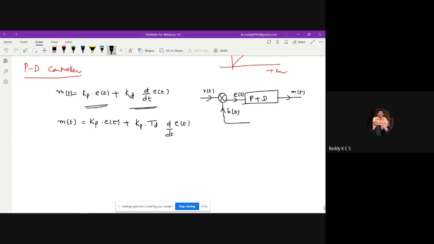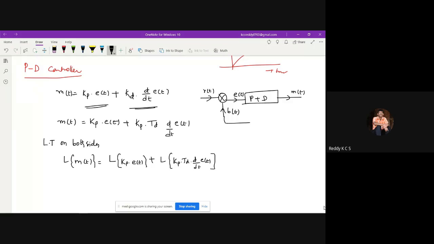E of t. Now we can apply the Laplace transformation on both sides. The Laplace transform of M of t equals the Laplace transform of Kp into E of t plus the Laplace transform of Kp into Td into d by dt of E of t.